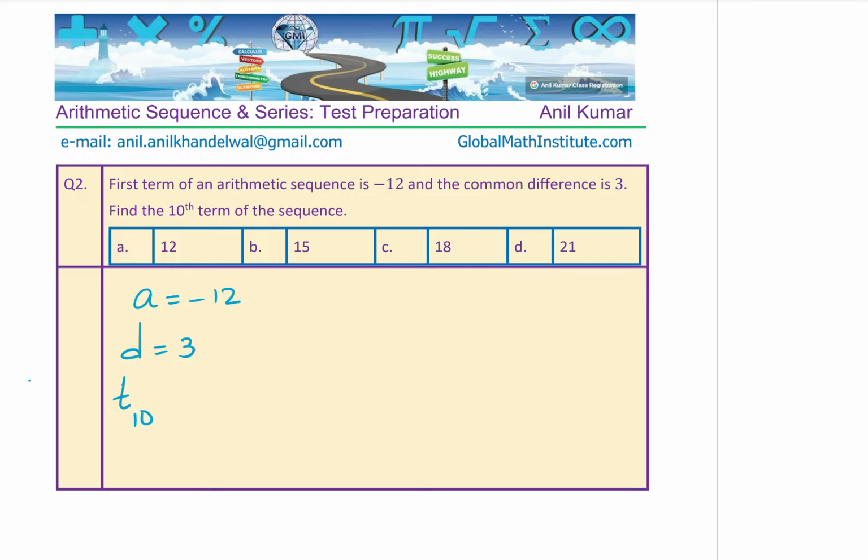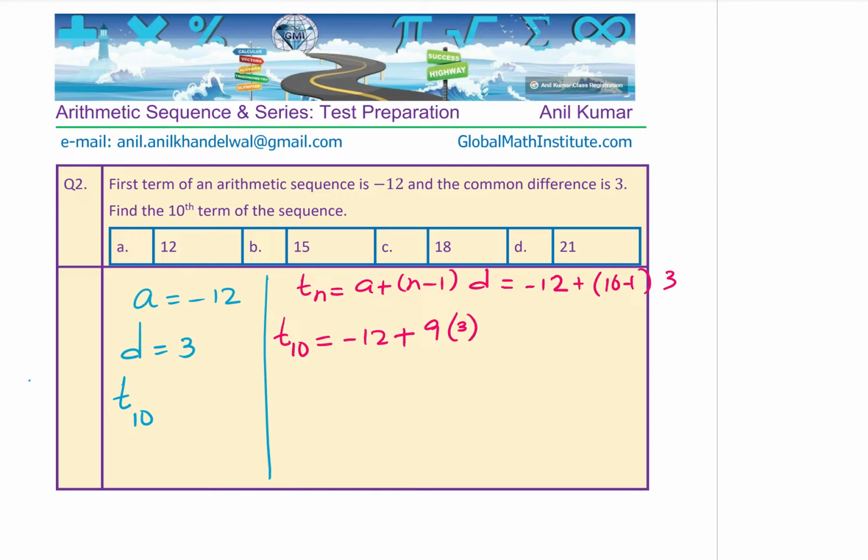So what is the formula? Well, as you know, the formula is Tn is equal to a plus n minus 1 times d, right? So a is minus 12 for us, and we can add 10 minus 1, which is 9, times d, which is 3, correct? So that gives you the 10th term as minus 12 plus 9 times 3, right?